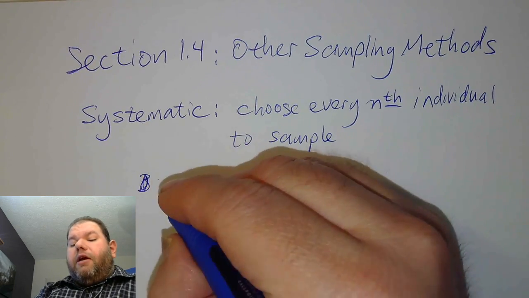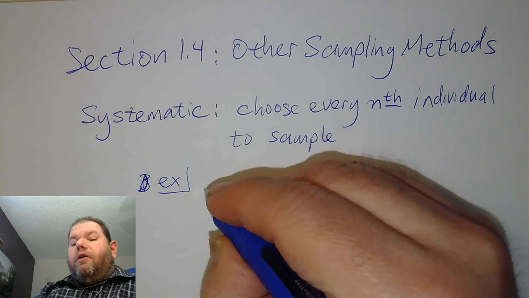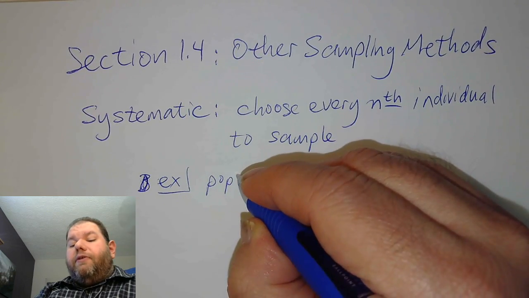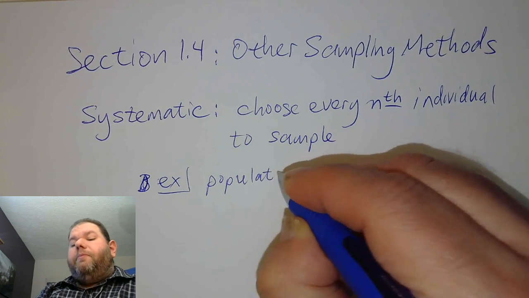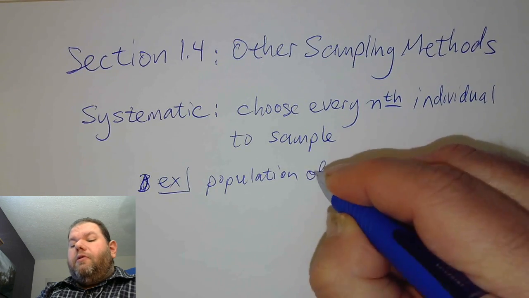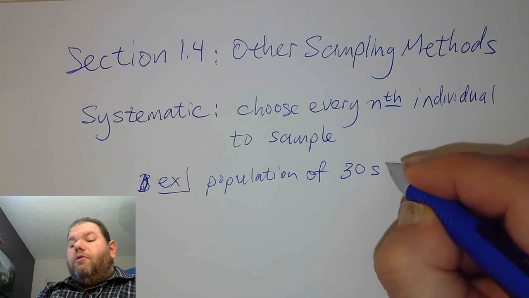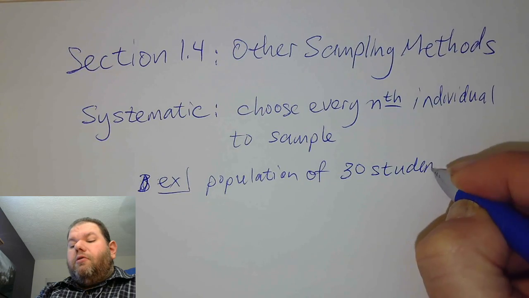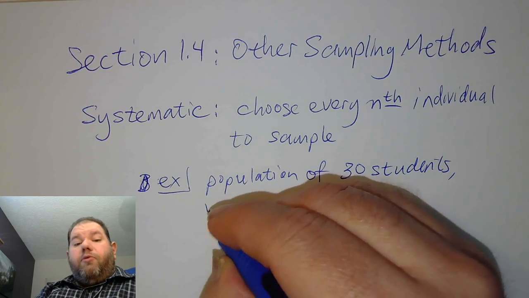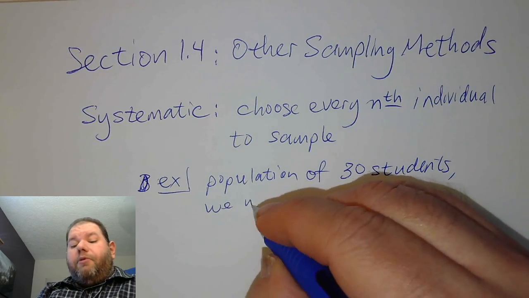So let's say we have a population of 30 students. And we want a sample of 5.